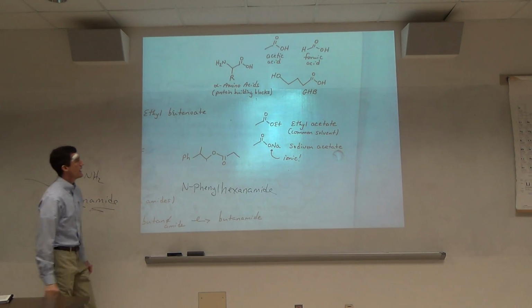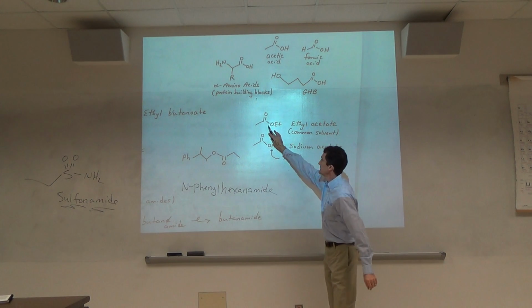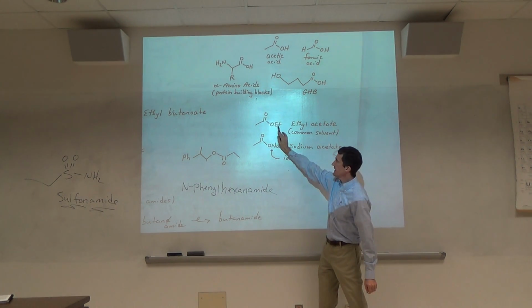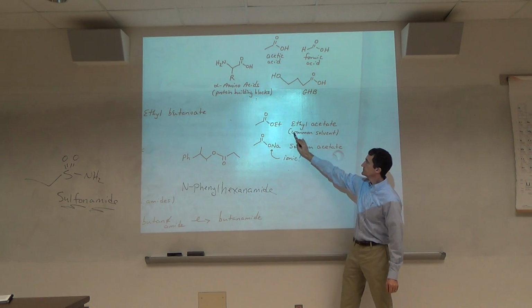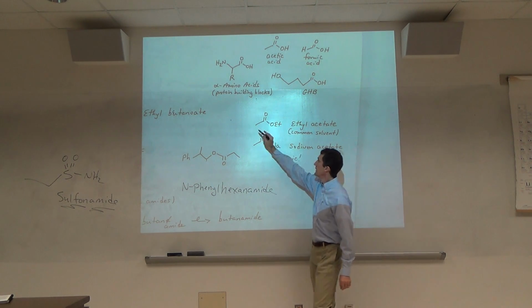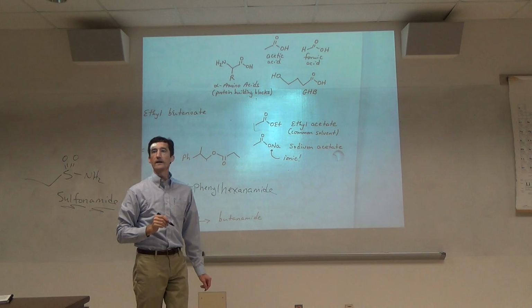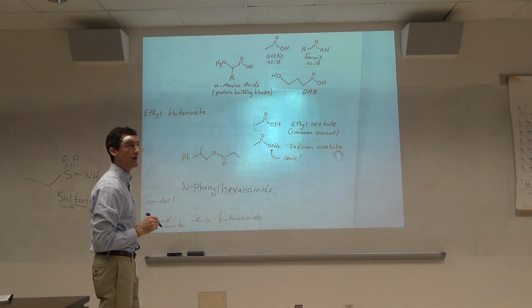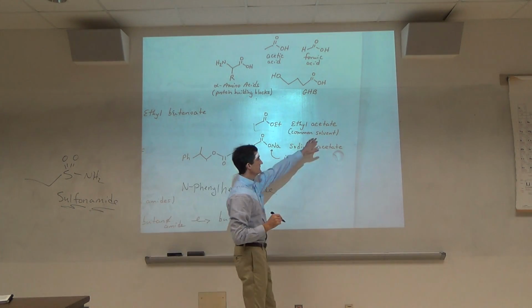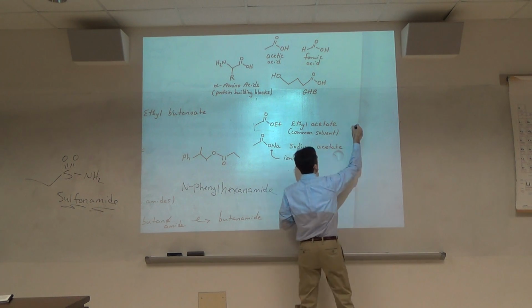Some common ones on the side. We forgot to mention this. This is an ester of acetic acid, right? Acetic acid would just now have an ethyl on it. What's that called? Ethyl. What is that called? Not ethanoate. What do we call that? Acetate. Okay?